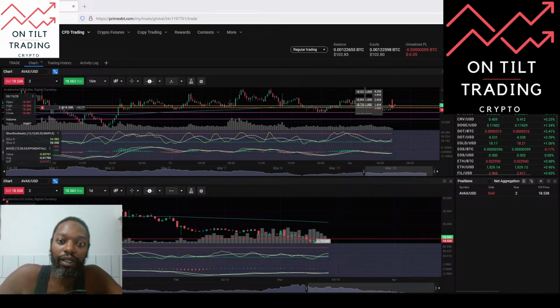Technically, this S3 level is a long level where you want to go long for an S3 to R3 traverse up here. And then with S4, if a currency pair trades below S4, then it would be a short down to S6.